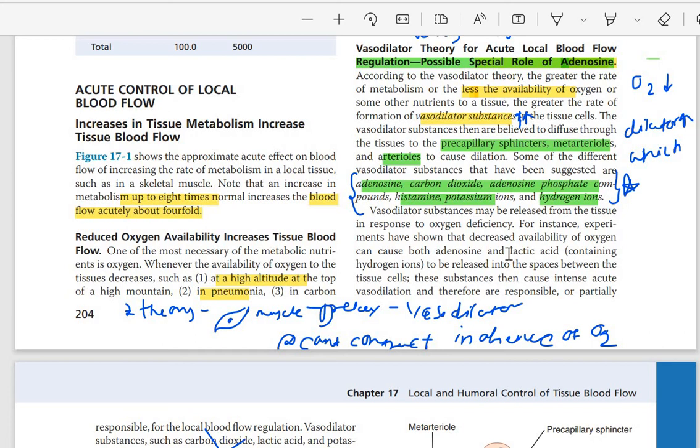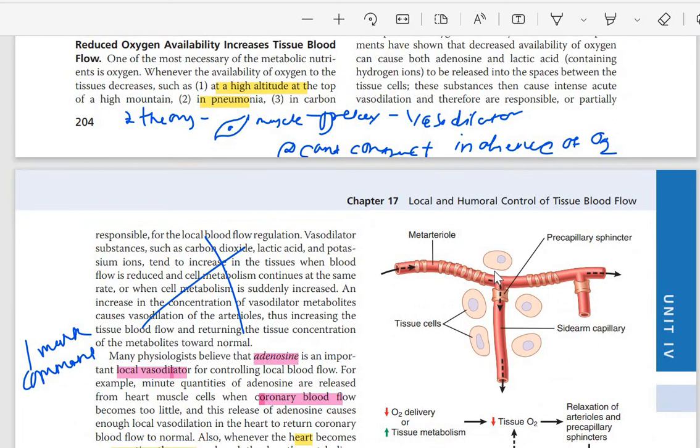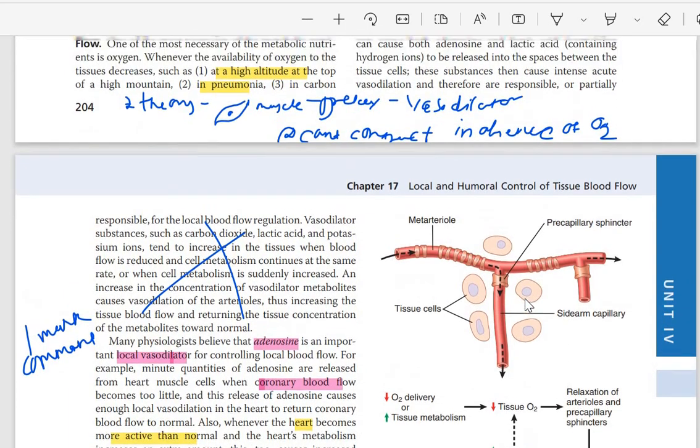It says when tissue uses all the oxygen and there is a deficiency of oxygen, the muscle cells in a vessel wall or in a precapillary sphincter can't contract in a lack of oxygen, so there will be a passive relaxation. So there are two theories again.